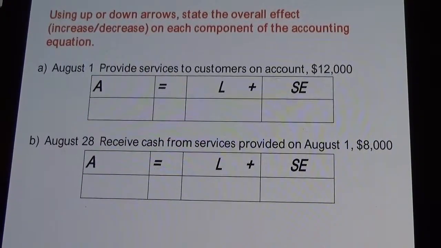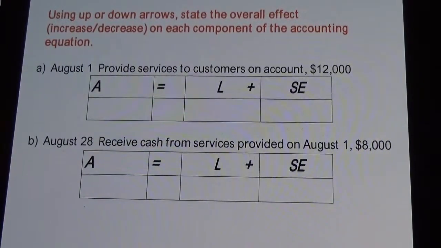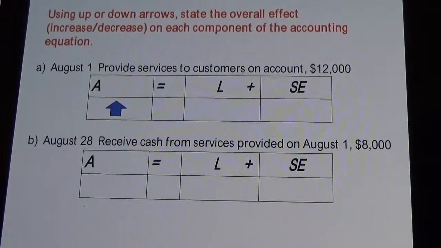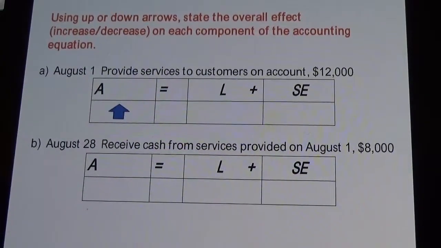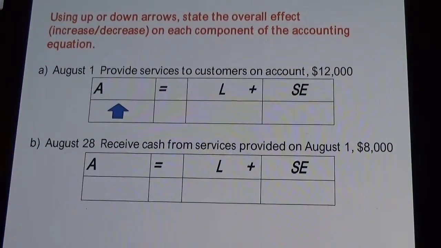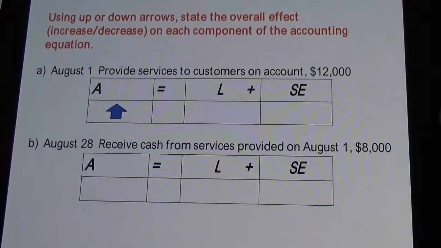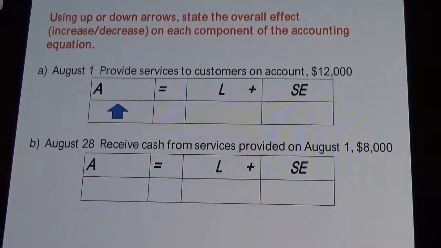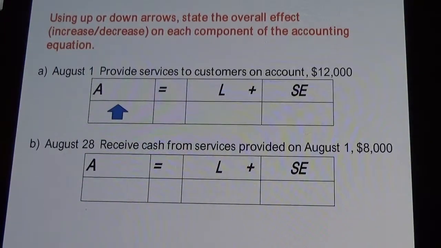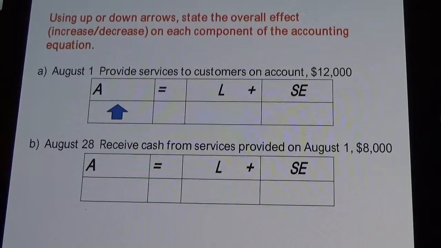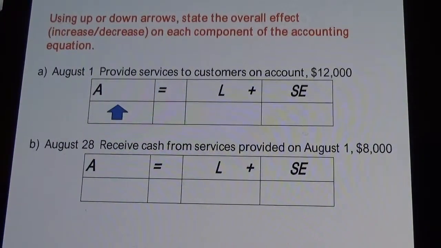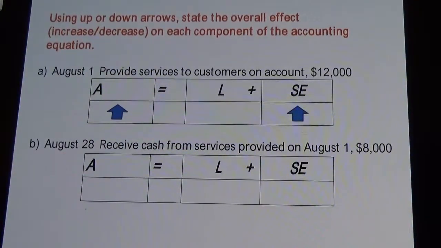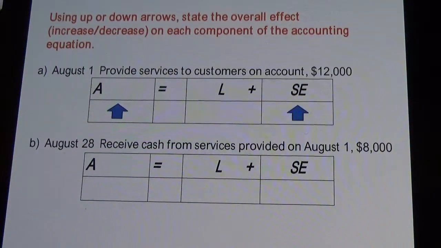And so what's going to happen here is our assets are going to increase, but it's not the cash asset, it's the accounts receivable asset. And so we're generating accounts receivable when we're earning this revenue. We are earning revenue, and therefore the revenue is going to have a positive effect on our retained earnings by increasing our net income. And so our stockholders' equity, where retained earnings is a component, is going to increase by the $12,000.